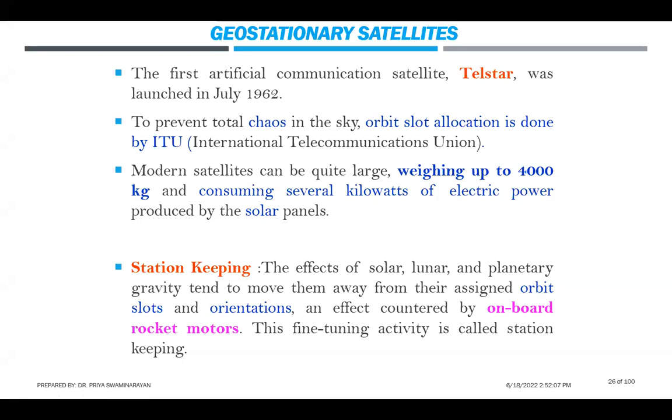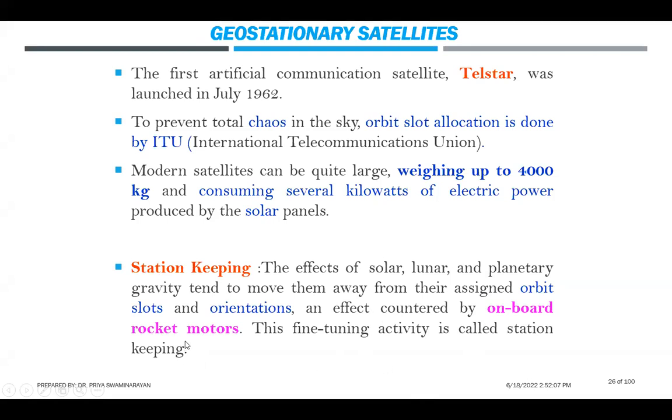Because whatever communication with the Earth stations will be lost. So the satellite must be in its orbit. This task can be done with the help of an on-board rocket motor. The rocket motor is responsible for keeping the satellite in its own orbit. This procedure, this activity, is known as station keeping.